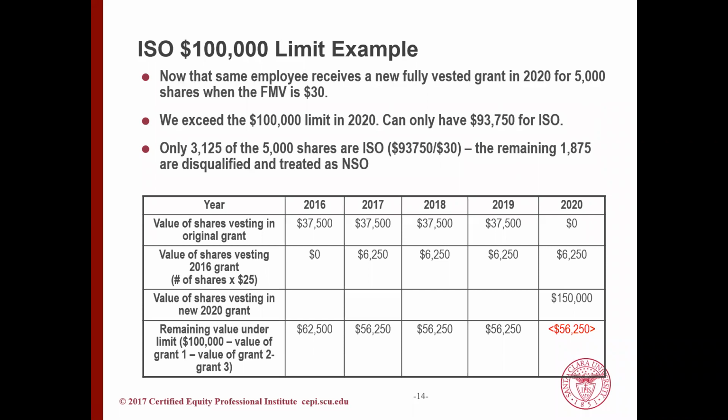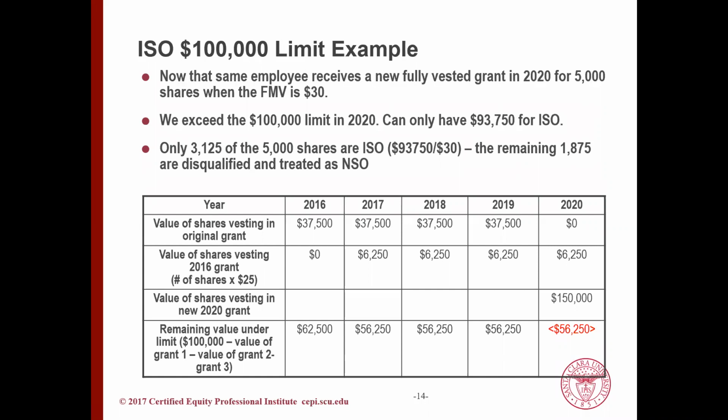Now let's say that same employee receives a new fully vested grant in 2020 for 5,000 shares when the fair market value is $30. We go back to the chart, and in 2020, the original grant from 2015 is fully vested.